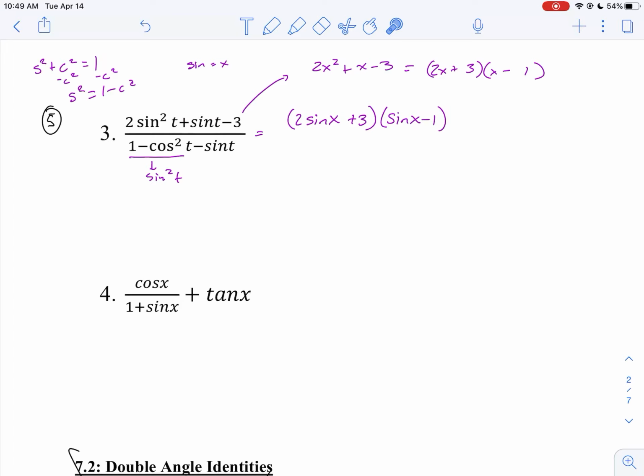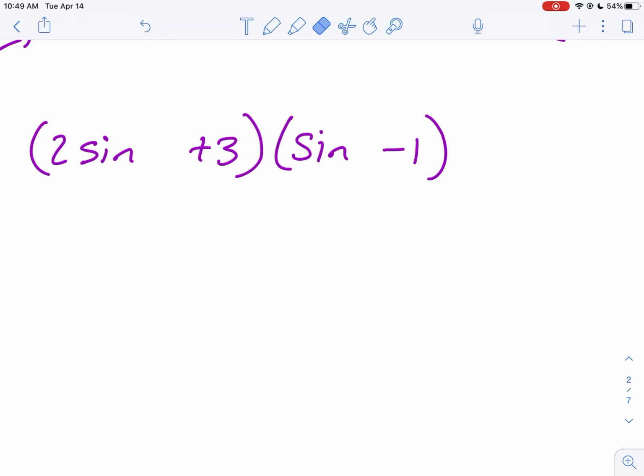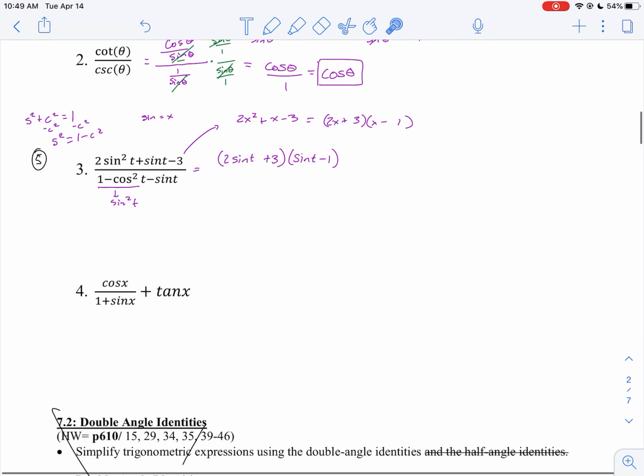If I take 2 sine of x times negative 1 and 3 times sine of x, that's going to give me 3 sine x minus 2 sine x, which is just 1 sine of x. I switched to x. I need to be in terms of t here. And then 3 times negative 1 gives me negative 3. Okay, so that's one thing I did, is I factored the numerator. I also used the Pythagorean identity to change this to sine squared of t.